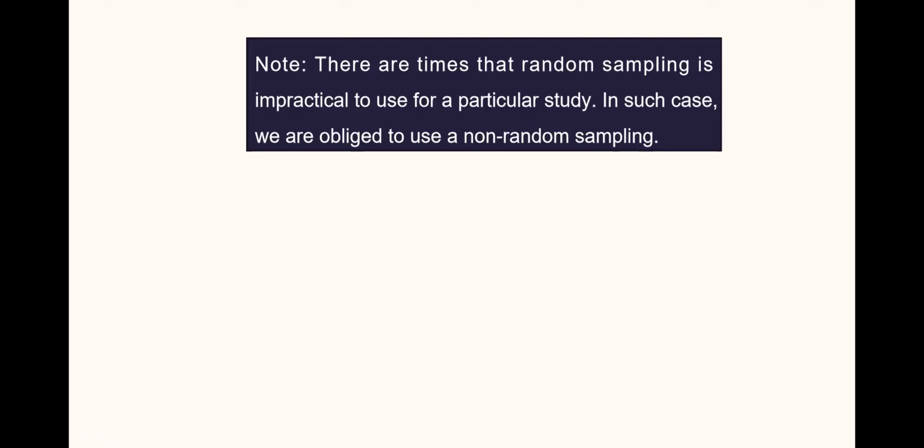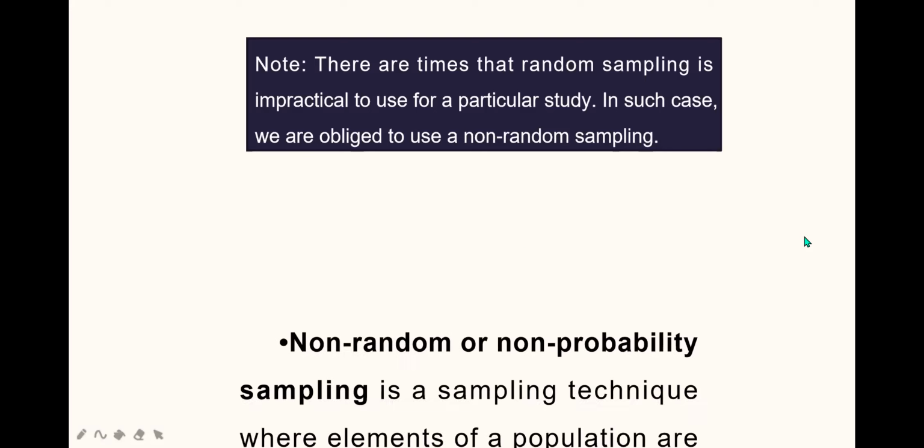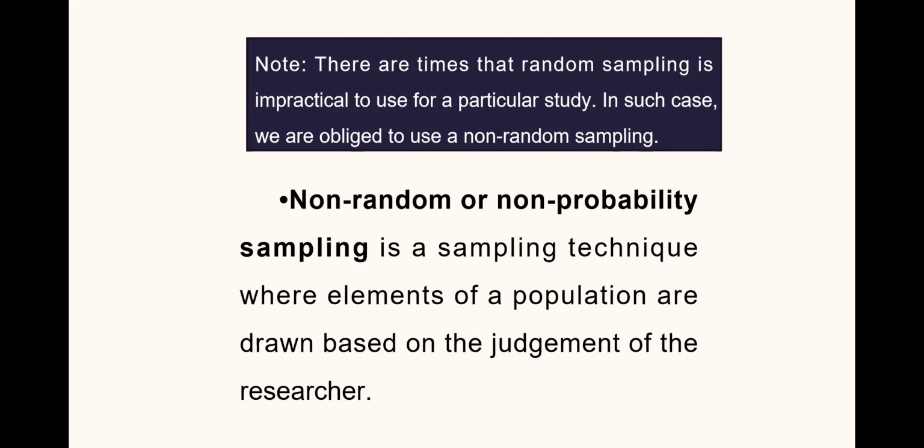Let me emphasize that our first technique is what we call random or probability sampling. Next one, number 2, is what we call non-random sampling. What are those non-random sampling? Non-random, or what we call non-probability sampling, is a sampling technique where elements of a population are drawn based on the judgment of the researcher.